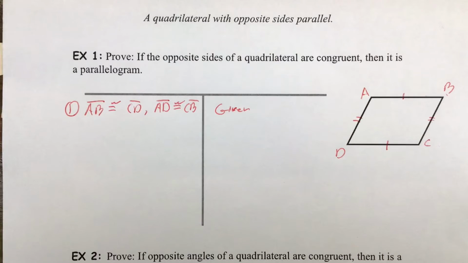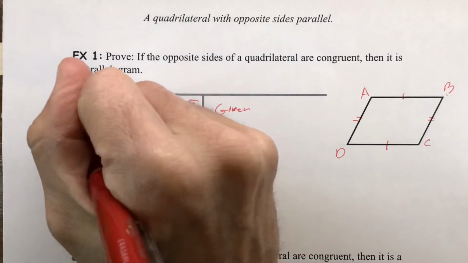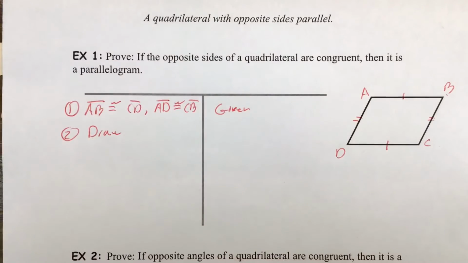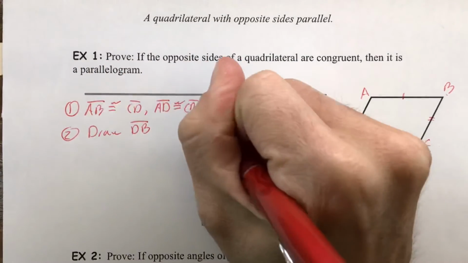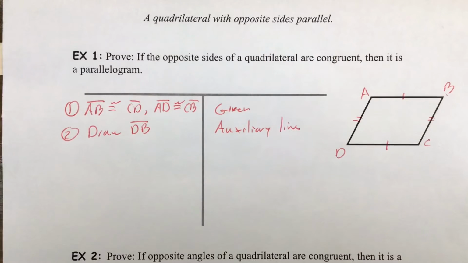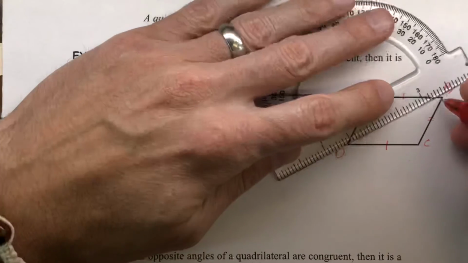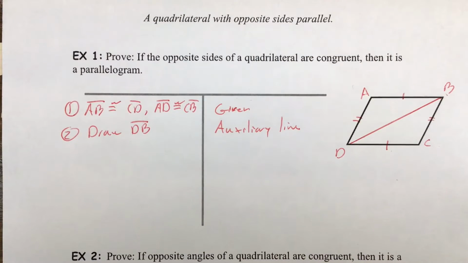Step 2, a lot like what we did in the last video, we're going to add in a diagonal. Let's say that we draw DB.